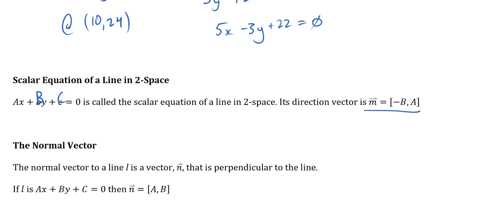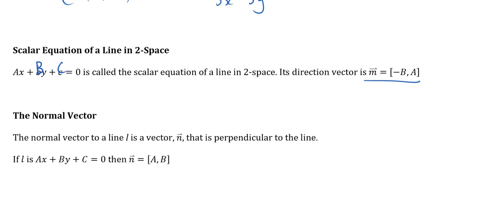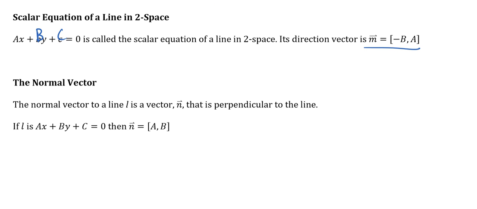But it turns out that the normal is really important when we're talking about lines and planes. So if I have the scalar equation of line L, then the normal would be positive A, positive B. And that can be useful. Any questions? Getting close to the end here.